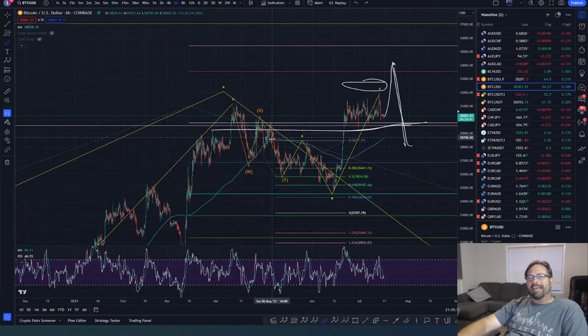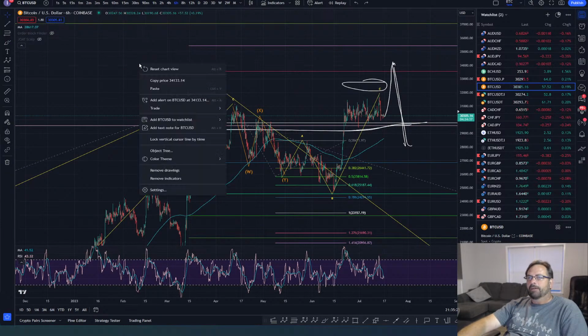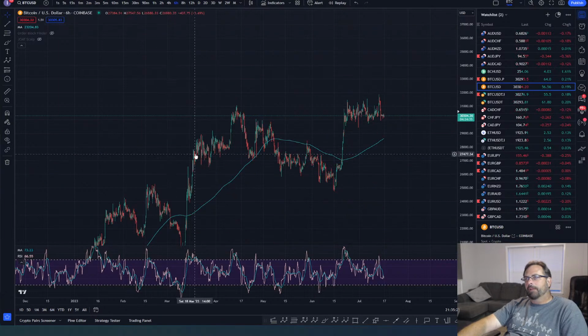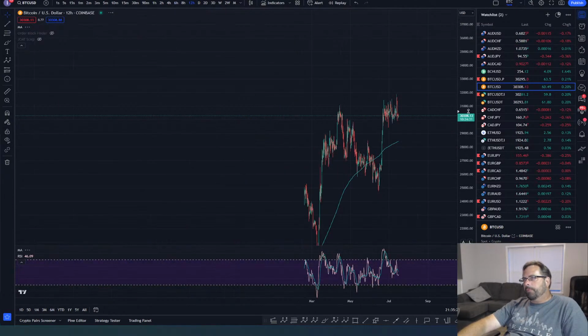So with that said, let's erase the chart and say, okay, what's the bullish idea? How do you get bullish here in this wave?